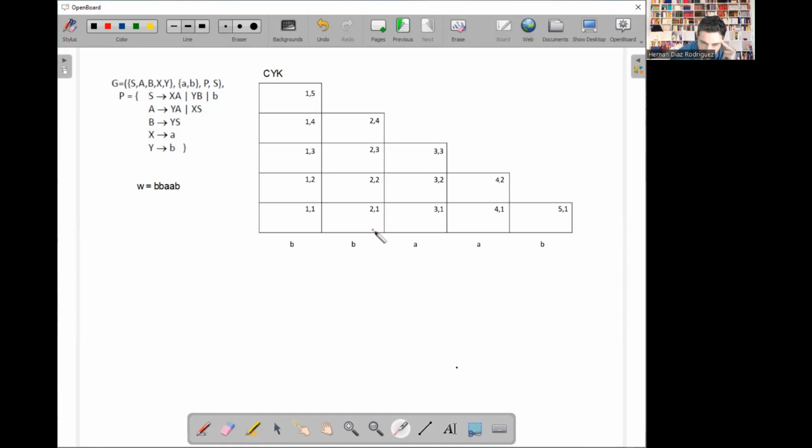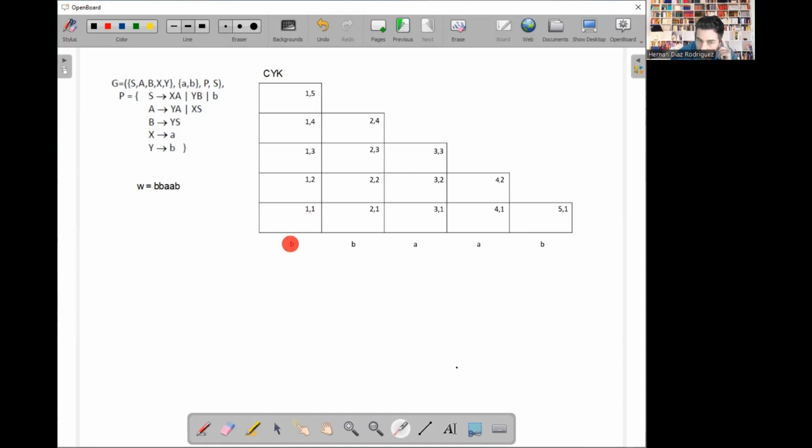The second important thing is the number of each cell. This coordinate tells us what we need to look at on each step, right? For instance, the first number tells me the position in the word. So here we are talking about the first position in the word, here the second position, here the third position, and so on. And the second number tells the number of characters that we need to take.